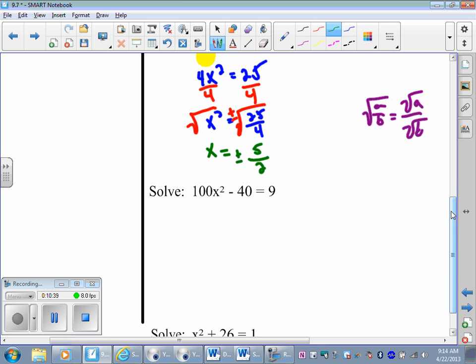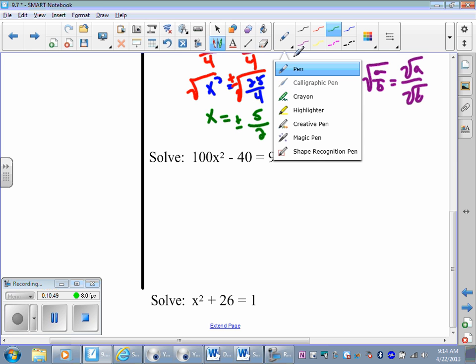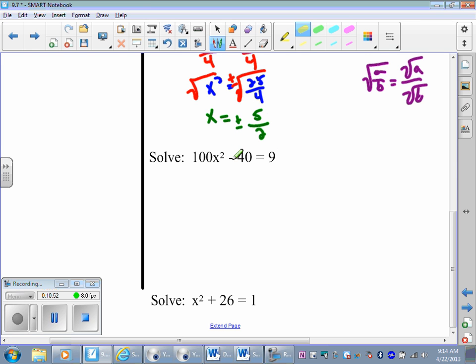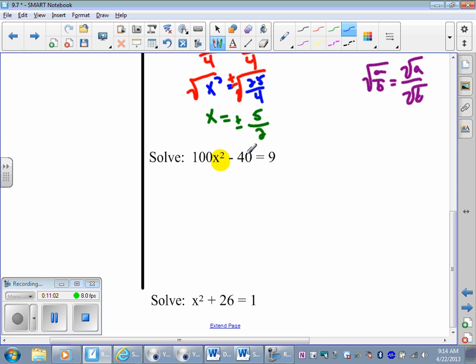All right, another problem here. We got a lot of problems here to go through. How do I get this thing? The first thing I need to realize is that, hey, wait a minute, there is no x term. There's no linear term, so I might be able to use this taking a square root method, but I need to get that alone. So, in order to get that alone, I'm going to need to move this to the other side and this to the other side.